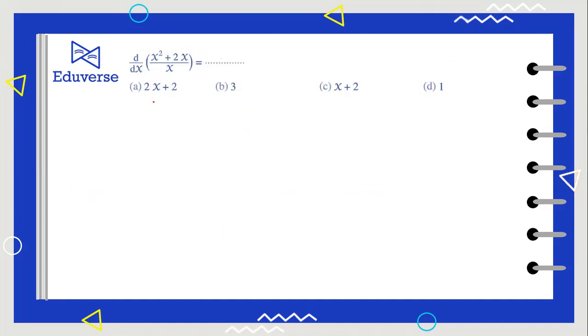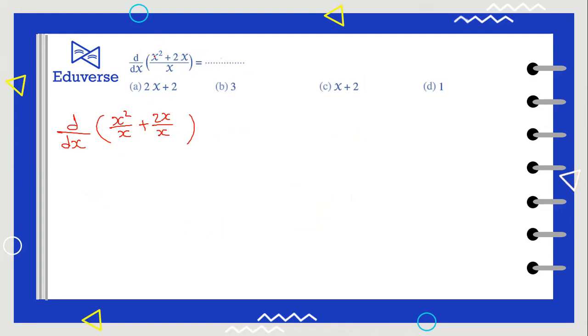Next, derivative of this expression. I can simplify this expression first before making a derivative. How? I can distribute the division by the denominator on the numerator, like x power 2 over x plus 2x over x.